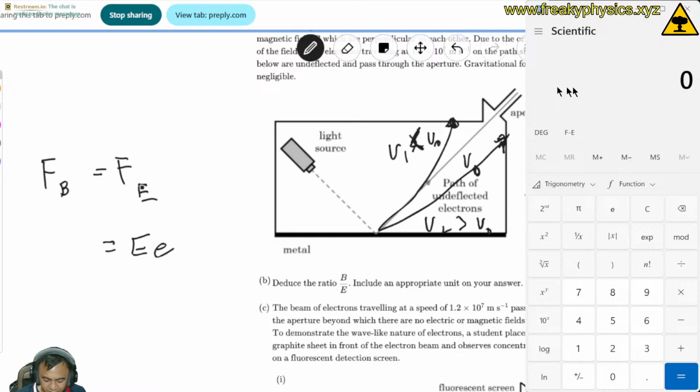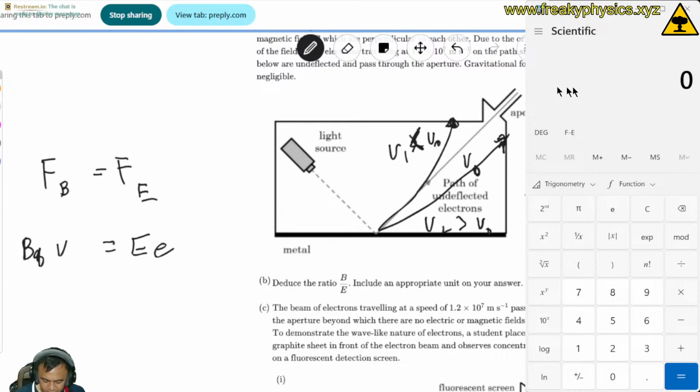For the magnetic force, it's a little bit more complicated. What's the formula? I can't remember off the top of my head, so let me check the physics data booklet. It has something to do with v. Okay, BQV. I just remembered. That's just going to be BQV.